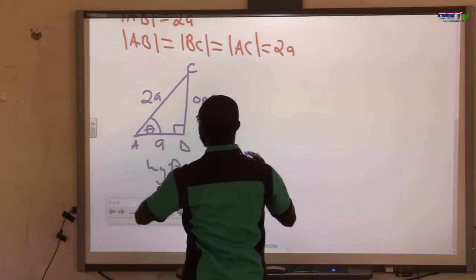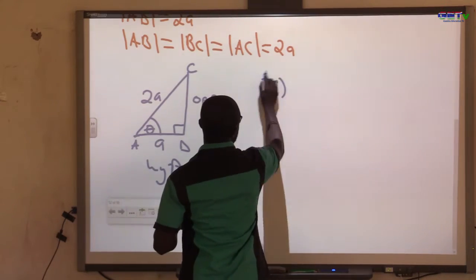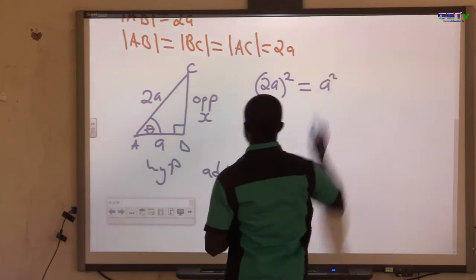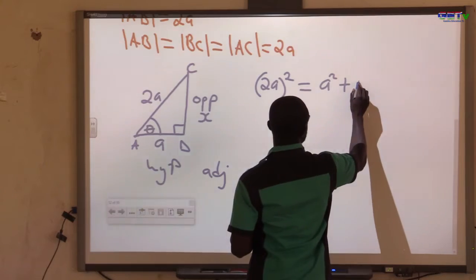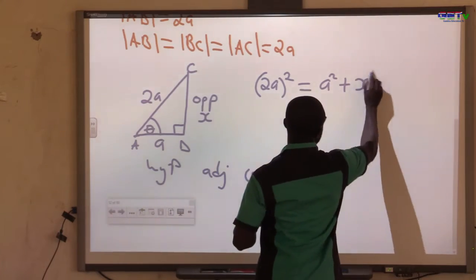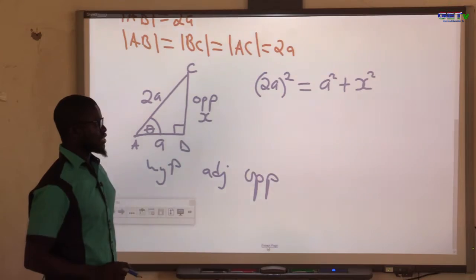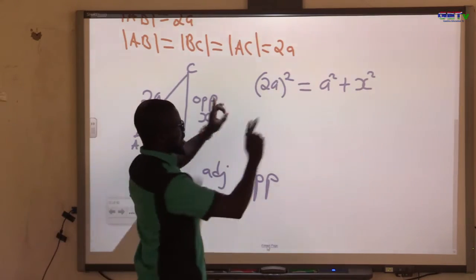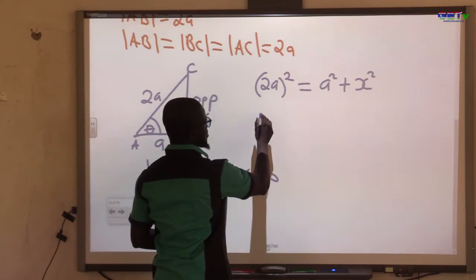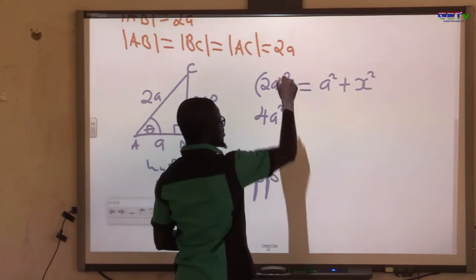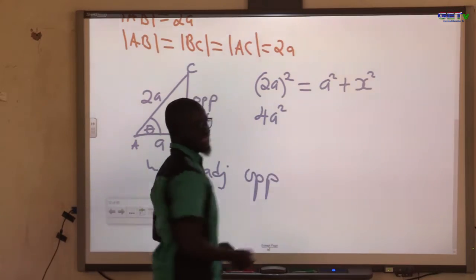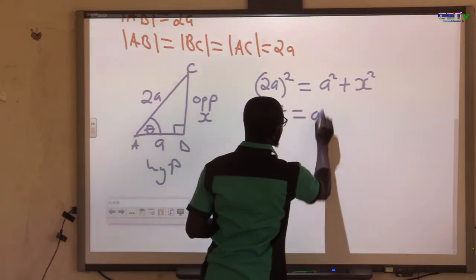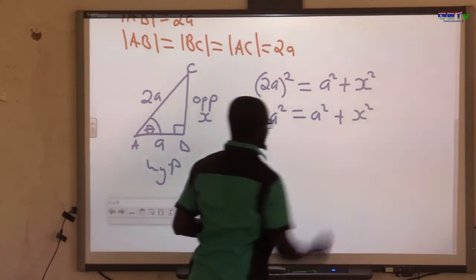The Pythagorean theorem states that the hypotenuse squared must equal A squared plus, this side is not known, I want to label it as X squared, where X is our variable to determine. (2A) squared, all in brackets, is the same as 4A squared, because the square outside the bracket is affecting everything in the bracket. So you need to take note of that, which equals A squared plus X squared.